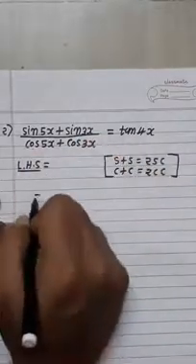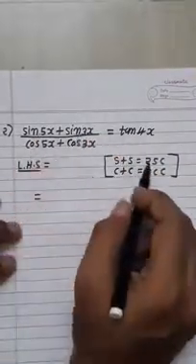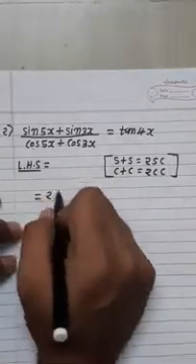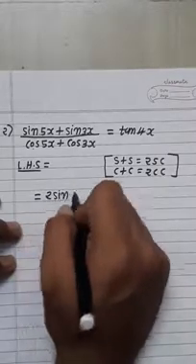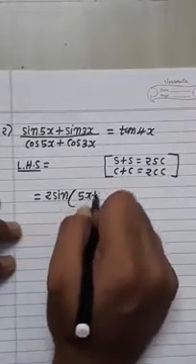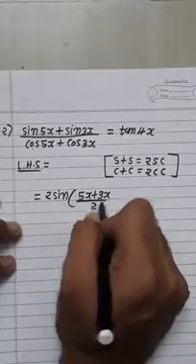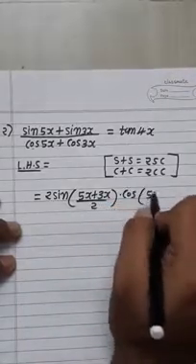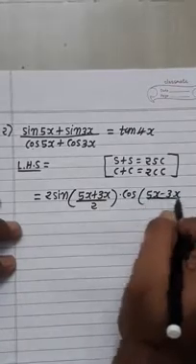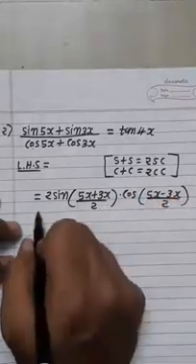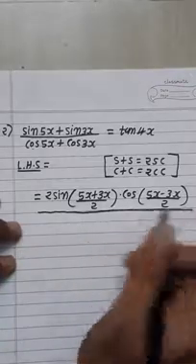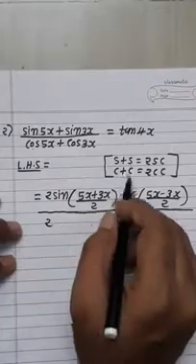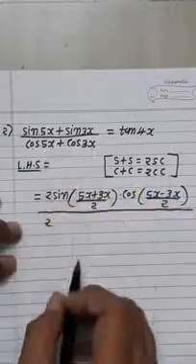So in the numerator apply s plus s, that means the 2sc form. So here we can write 2 times sin of (5x plus 3x) divided by 2 into cos of (5x minus 3x) divided by 2 upon, in the denominator term, c plus c, that means the 2cc formula applies.